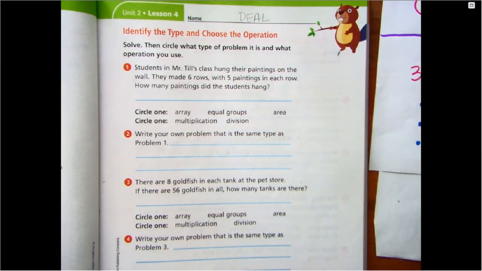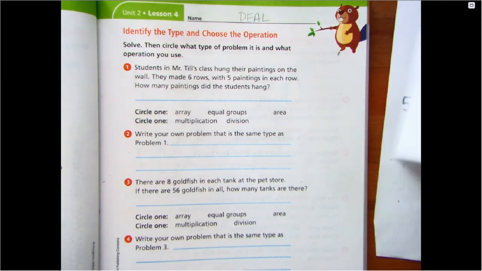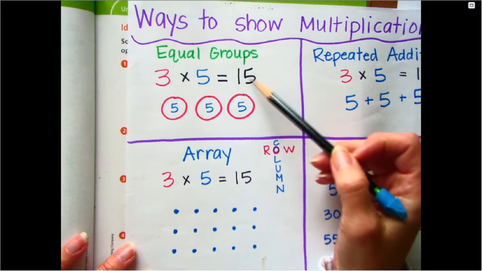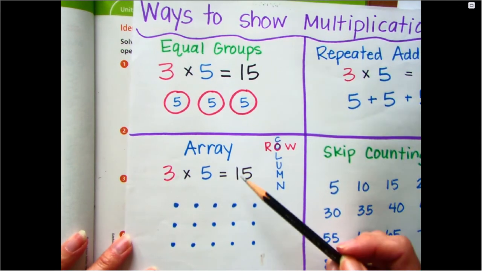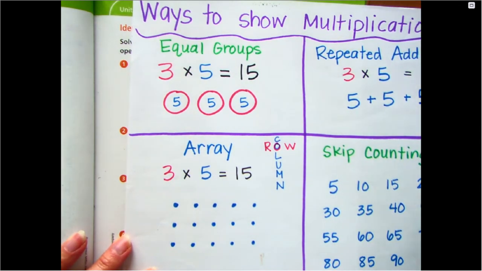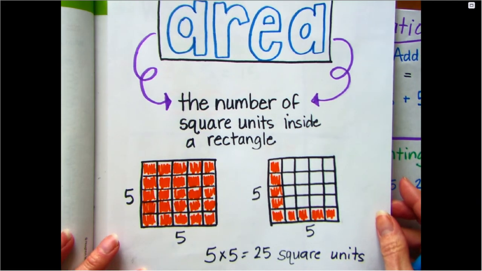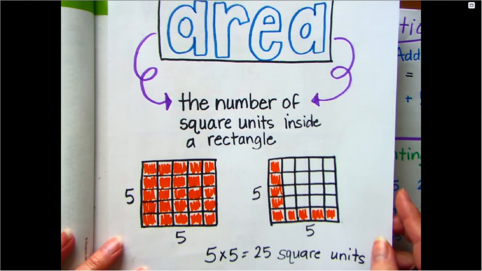Okay, we're going to look at identifying the type of word problem and then choosing the operation. So let's kind of review a little bit. We're going to look at equal group problems, array problems, and area problems today. So you remember area is the amount on the inside, right?